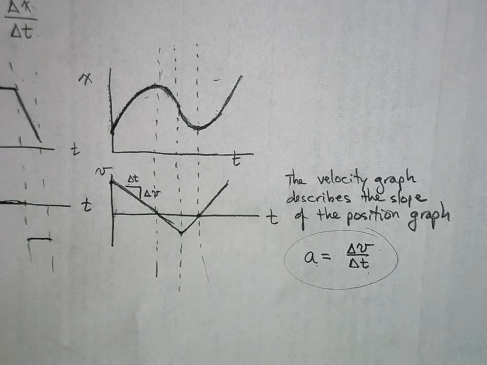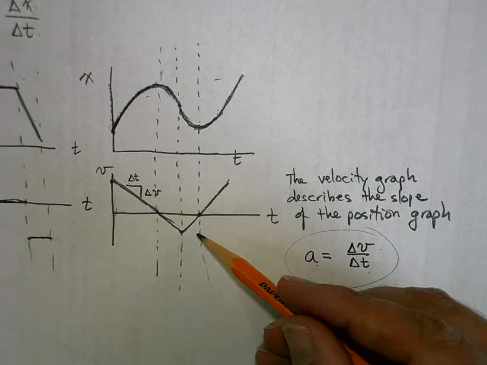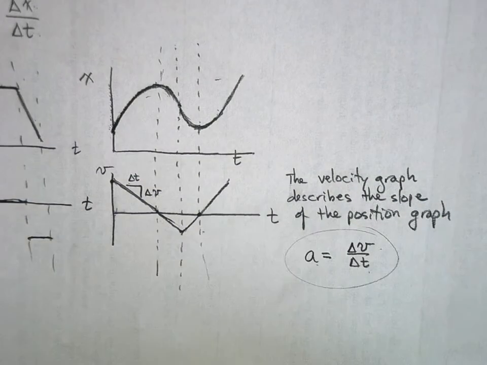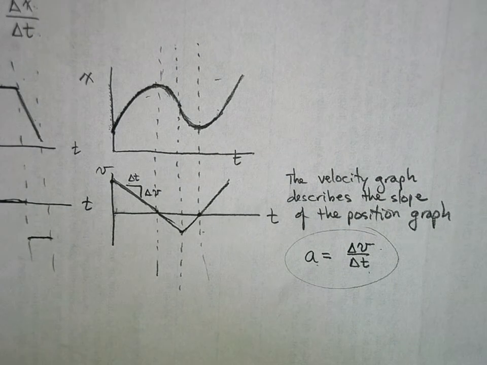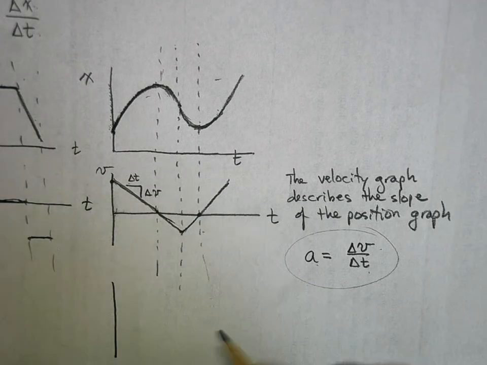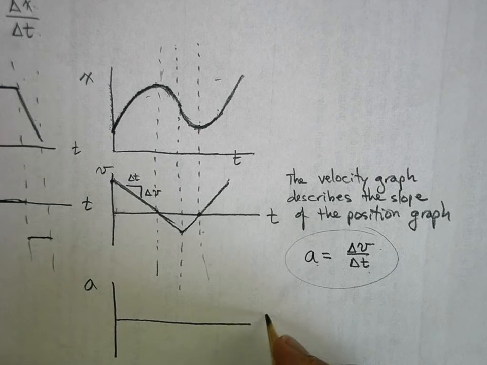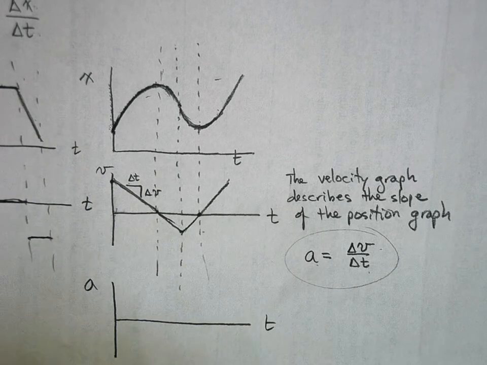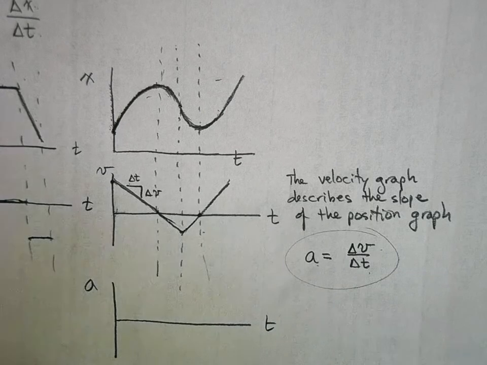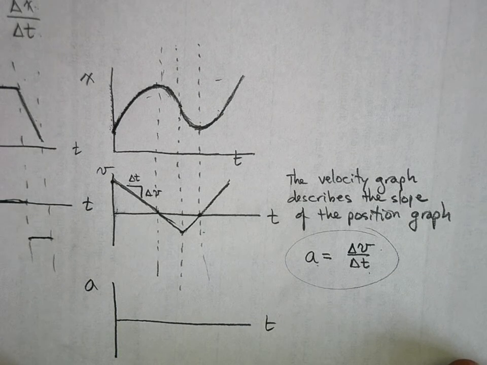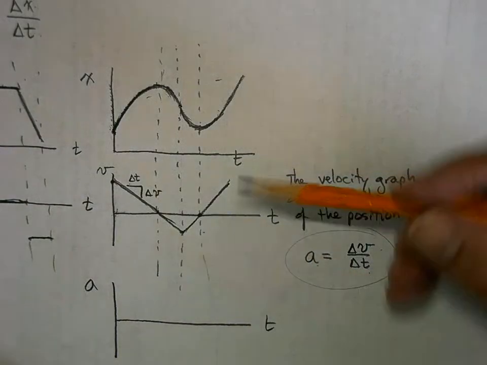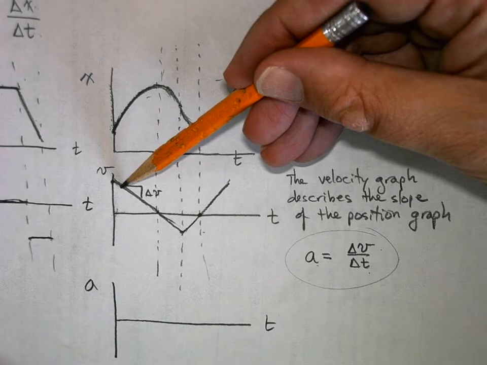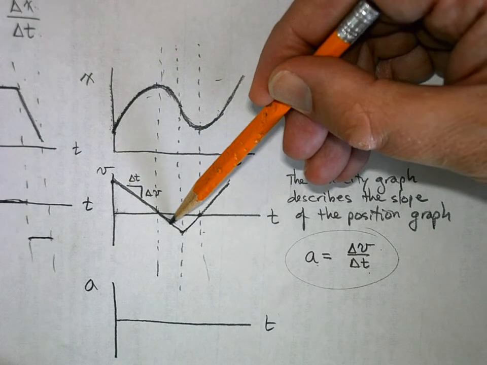So what I can do now from this graph is I can draw an acceleration versus time graph. Now we're going to do this quantitatively, but again, I'm not putting any numbers here yet. So now, what do we notice about the slope all the way down to here?